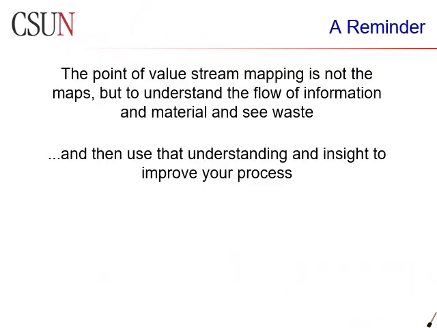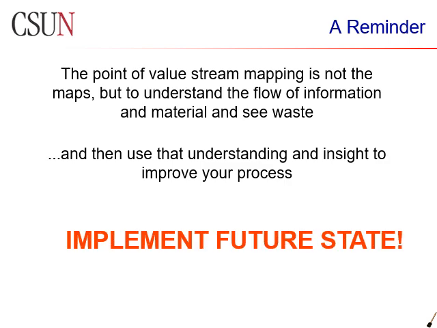So to sum up what we have been discussing so far, the point of value stream mapping is not the map. In other words, it's not the objective of the current process to draw a map.